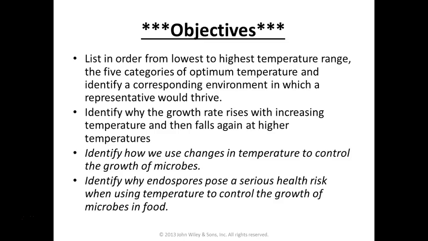So we use this all the time for controlling growth, right? We use temperature all the time, whether to slow them down or to kill them. There's one form that someone was alluding to earlier that really creates some problems for us. And that's endospores, right? Because endospores are a dormant form of that cell. It's not actively metabolizing.